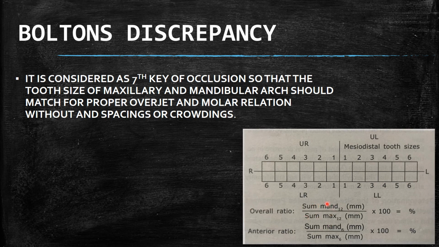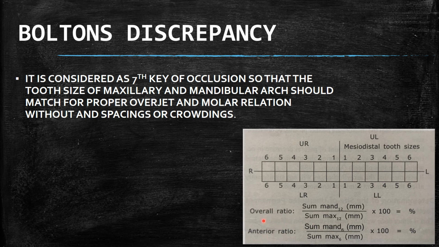You have calculated each value, then you add all of them, and this is the sum of your mandibular teeth. Then you divide it by the sum of your maxillary teeth and multiply by 100, so it gives you a percentage, and that is the overall ratio.